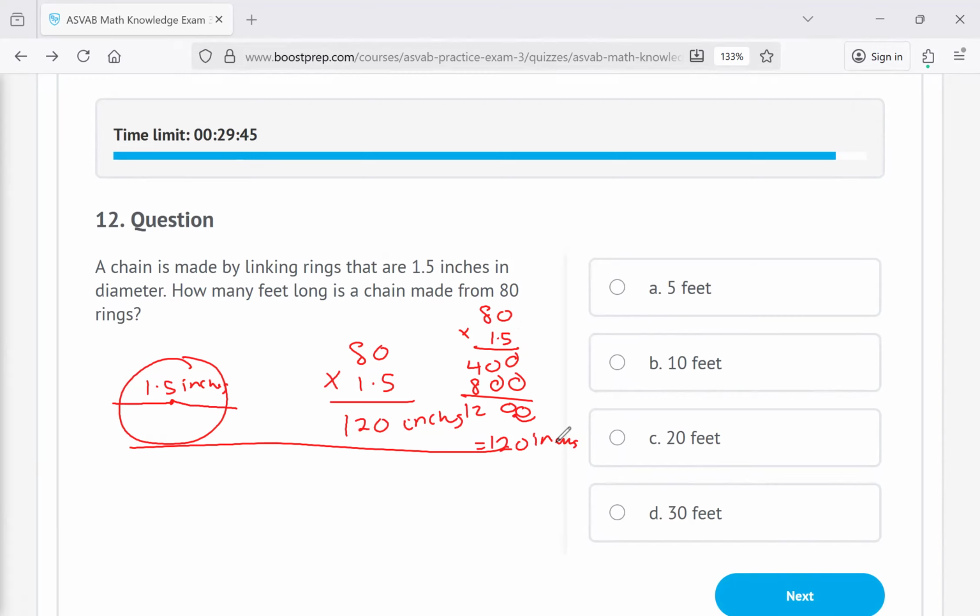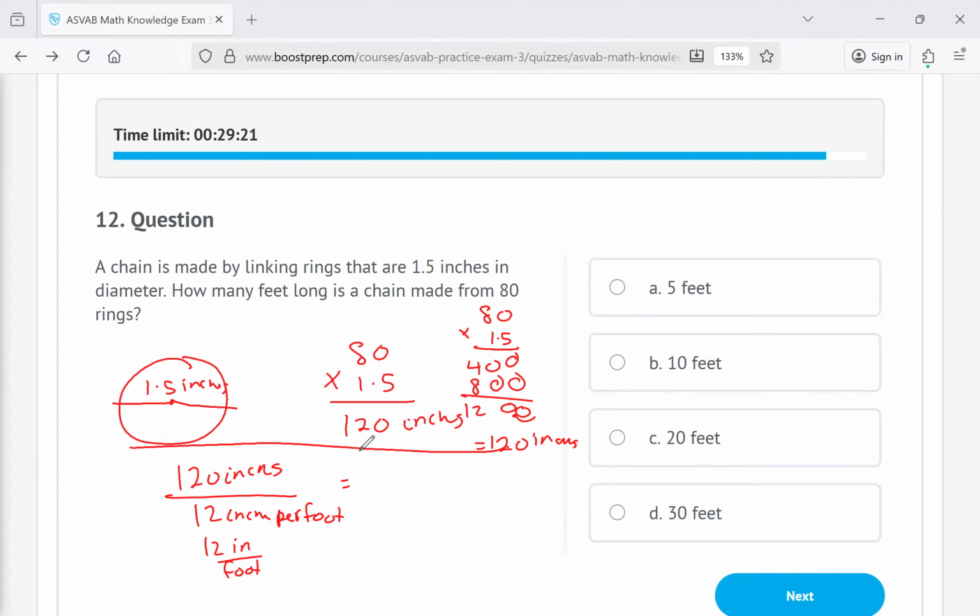So then what you're going to do is divide 120 inches by 12 inches per foot. So be careful. 12 inches per foot is like saying 12 inches over 1 foot, because that'll give us your feet.